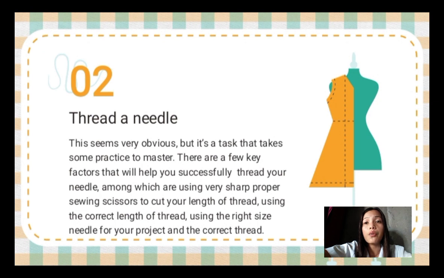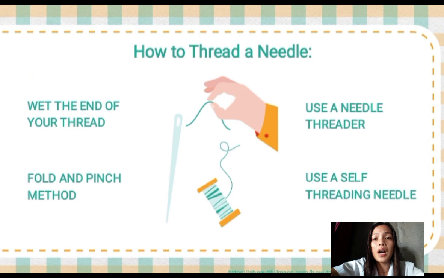I know you are all aware of how to thread a needle. So, how to thread a needle? The first thing we need to do is wet the edge of your thread, fold, use the pinch method, use a needle threader, and use a self-threading needle.